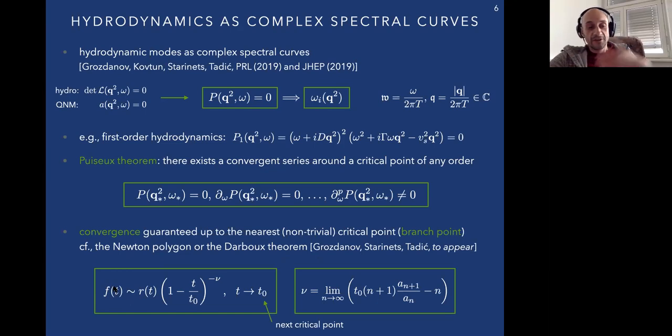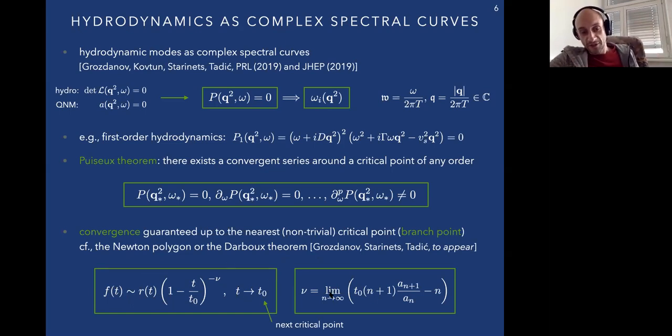Now, you can use something called the Darboux theorem, which I think people know well in asymptotic analysis, but maybe in this context, it has not been known before. So what you can do is compute the Puiseux exponent at the next critical point by just looking at the series coefficients of the series around your critical point where you're computing your series, okay?